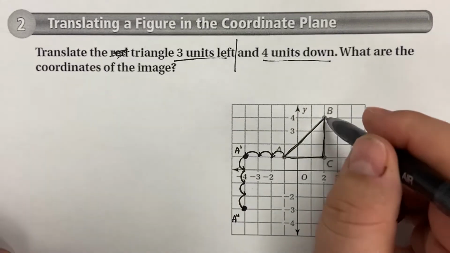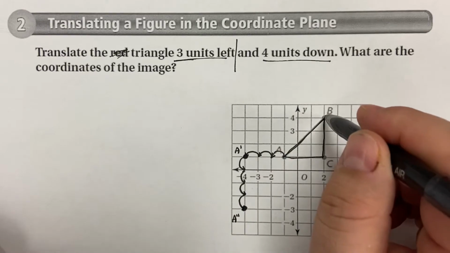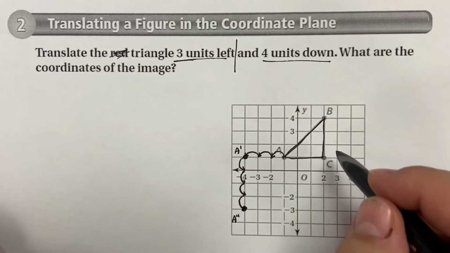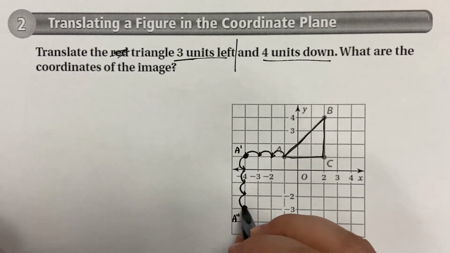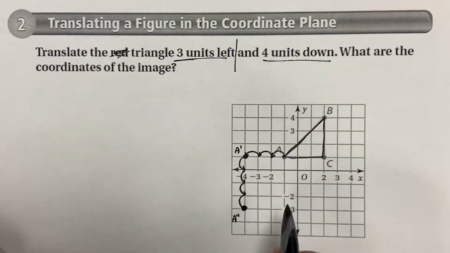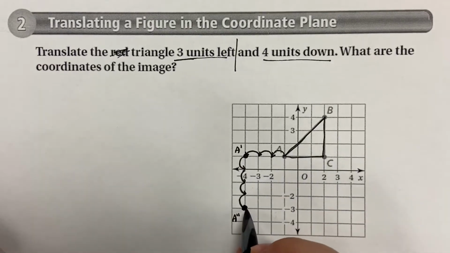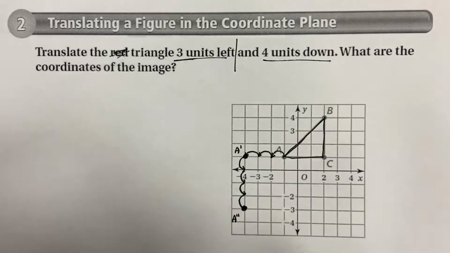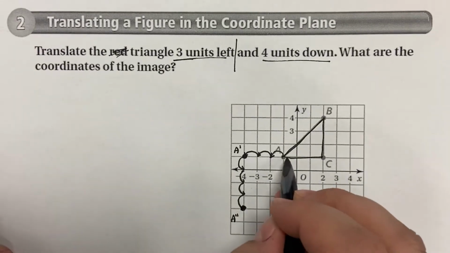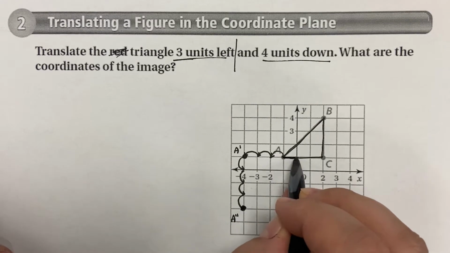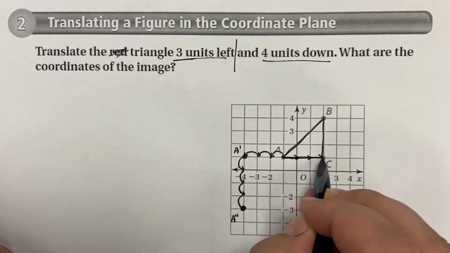We have a choice. We can either do the same thing and figure out where B goes, or we can use A as what I call the anchor. What I know is here's A, and I didn't make this any bigger, I didn't make it any smaller, I didn't make any changes, I didn't twist it, I didn't do anything like that. So I know C is 1, 2, 3 units to the right.